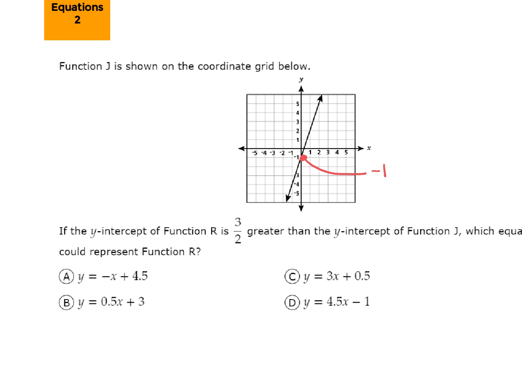So if it's 3/2 greater than that, it's -1 plus 3/2, which is really -1 plus 1 1/2. So that's really 0.5. So look at which equation has a y-intercept of 0.5, and that would be choice C. So that is your answer. You're just identifying that y-intercept and then finding the new one.